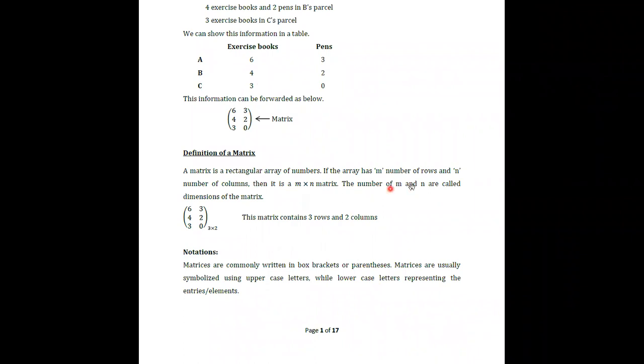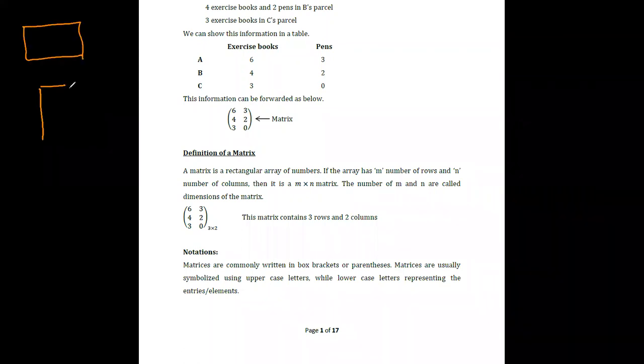The numbers m and n are called the dimensions of the matrix. This is the general form of defining a matrix. Since it is a rectangular shape, it may be in this form or the other way around.